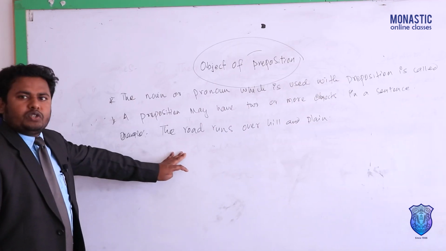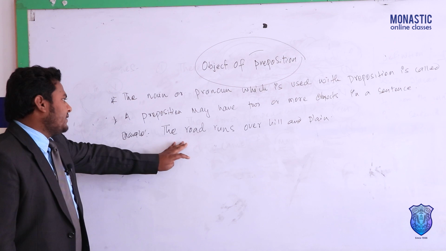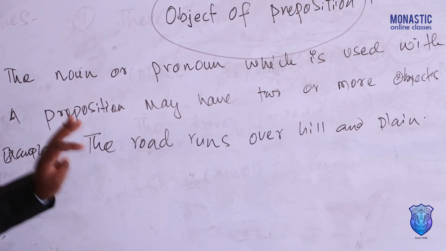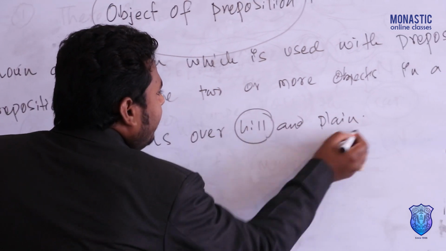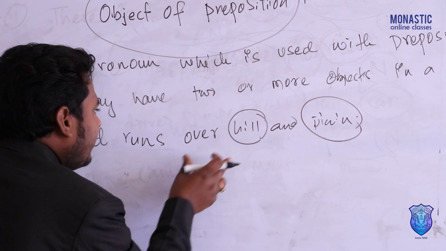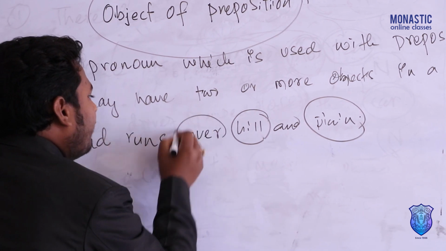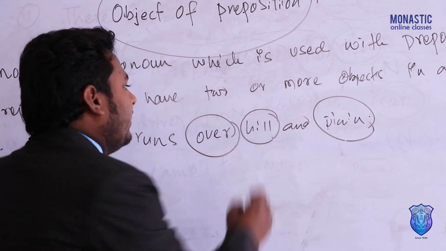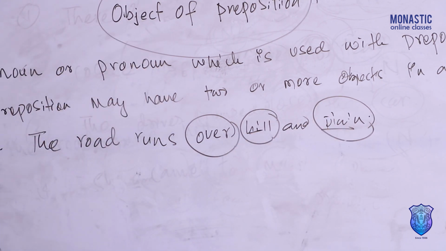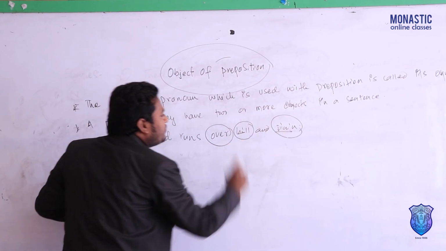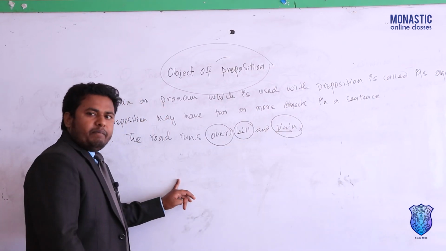You can see this sentence. In the sentence, we can see two objects are there, hill and plain. These two objects have been connected by over. Over shows the relation between these two nouns, hill and plain. These are the objects of the preposition.